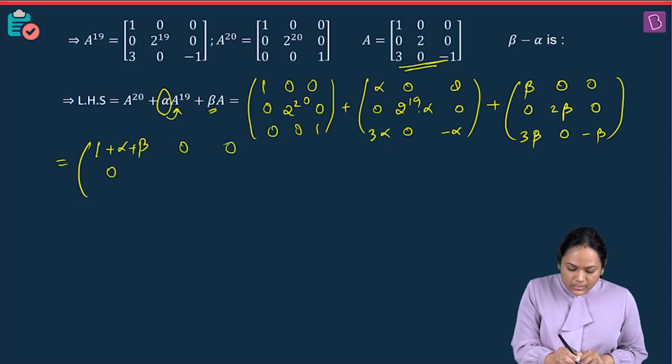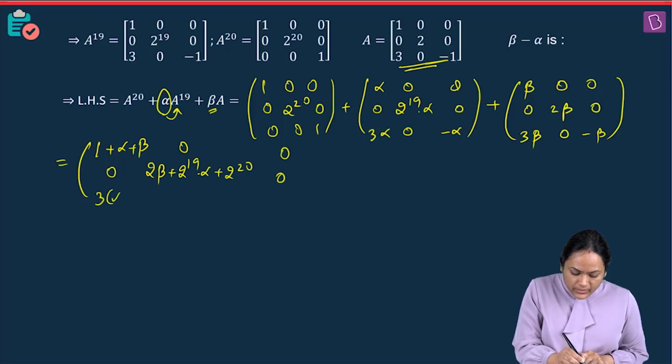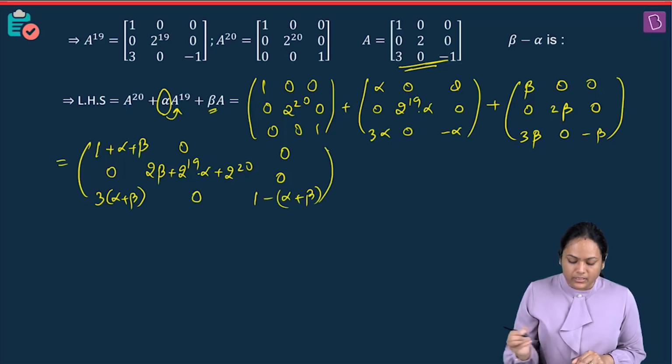Then here it is a 0. Here it will be 2 beta plus 2 raised to 19 alpha plus 2 raised to 20. Again a 0. Then here it is 3 times alpha plus beta, 0. And 1 minus alpha plus beta in the bracket.